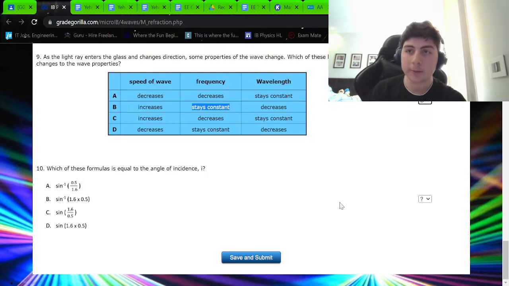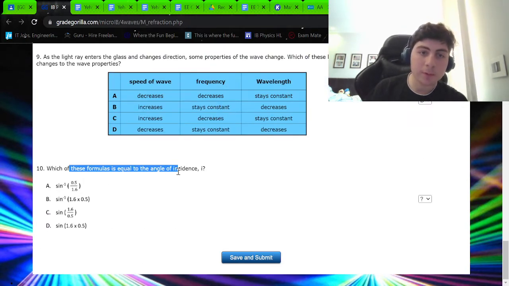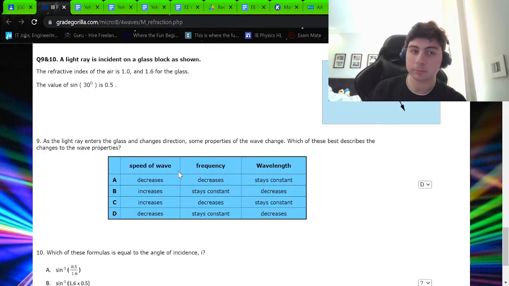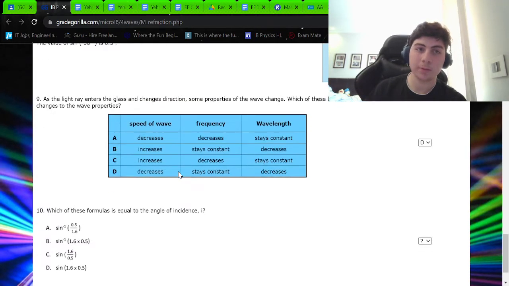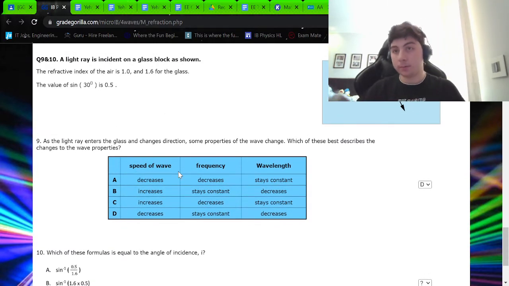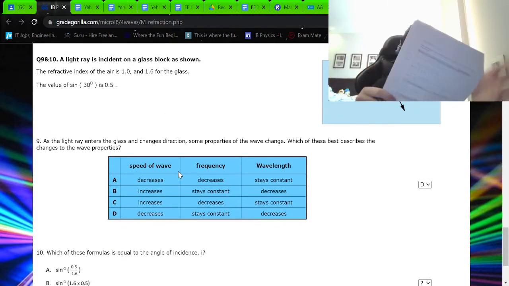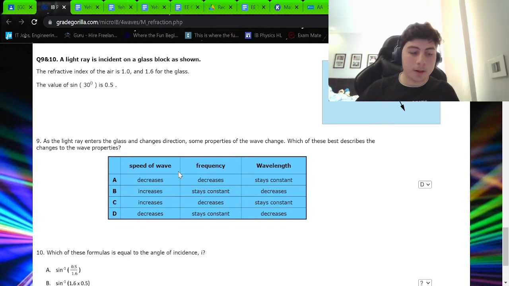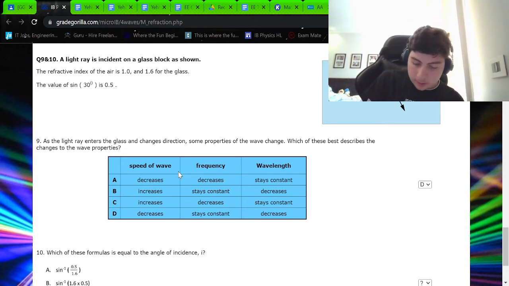The question: which of these formulas is equal to the angle of incidence? Dude, I got it. Okay. Is this Snell's law? So n1 over n2 equals sine theta 2 over sine theta 1, right?